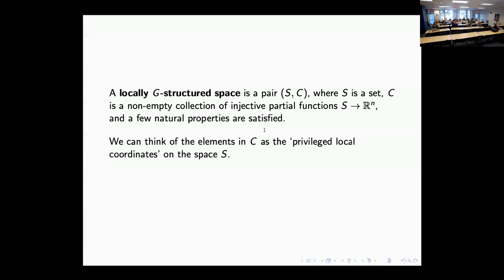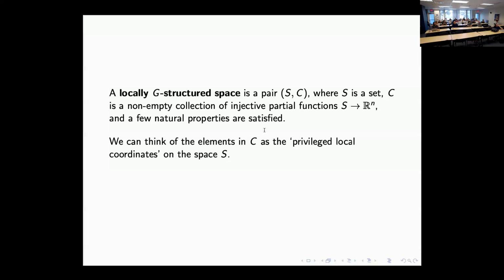In particular, every element of S is in the domain of some element of C, so your privileged coordinates cover S. The ranges of the maps in C are open subsets of Rn.